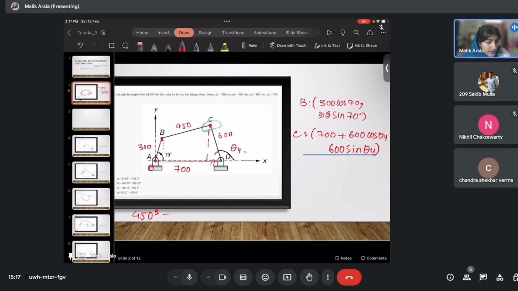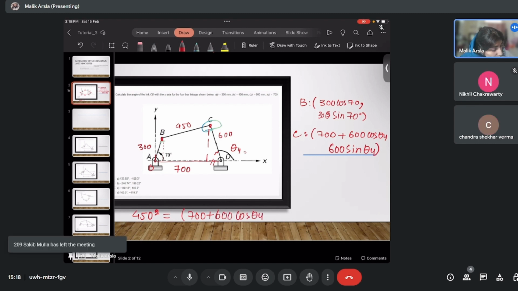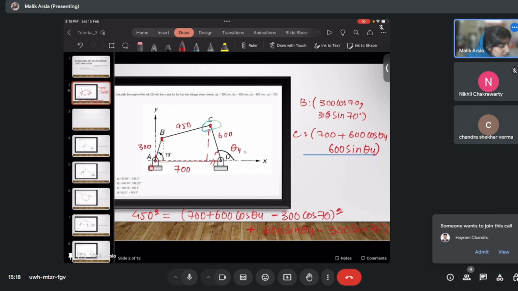450 square will be nothing but 700 plus 600 cos theta 4 minus 300 cos 70 squared, and then plus 600 sine theta 4 minus 300 sine 70 degree whole square, right?